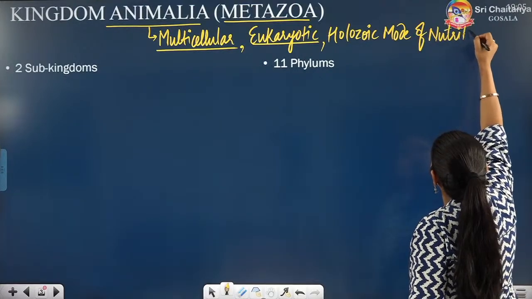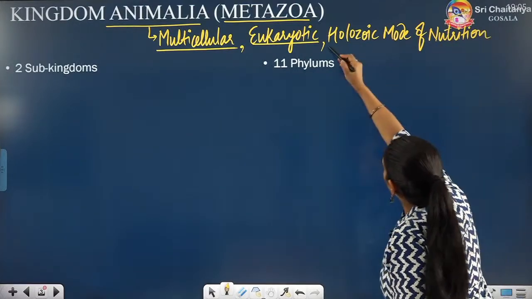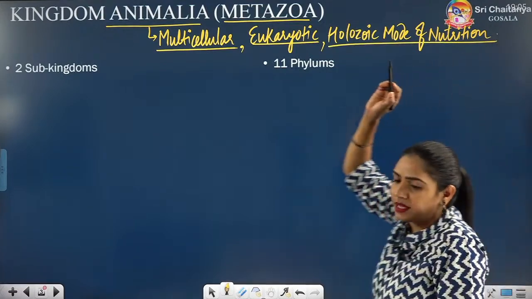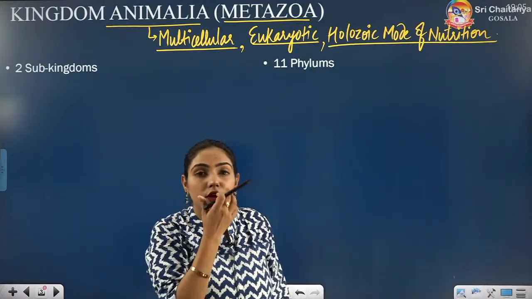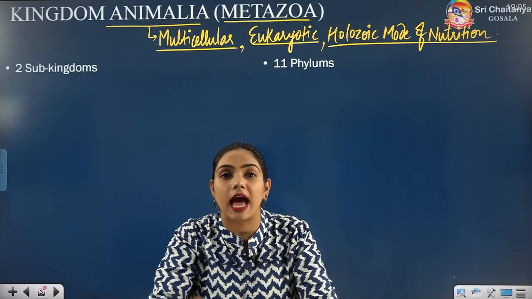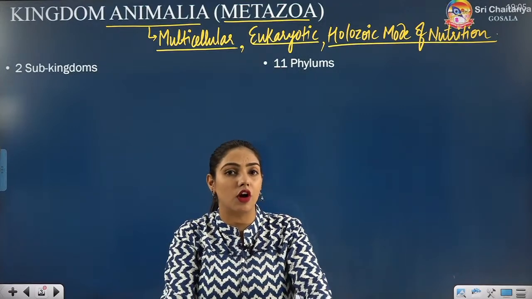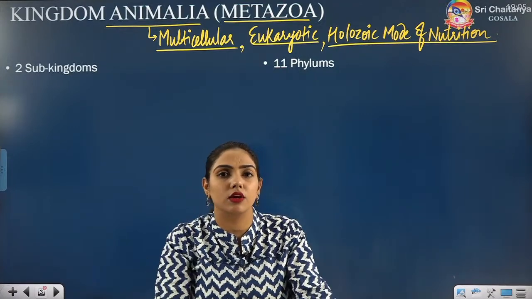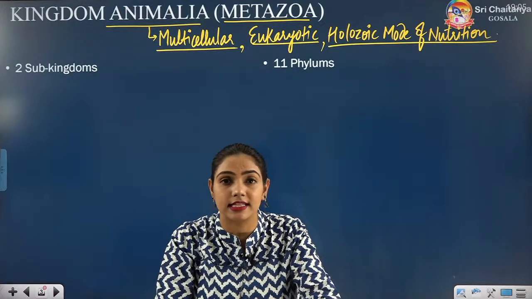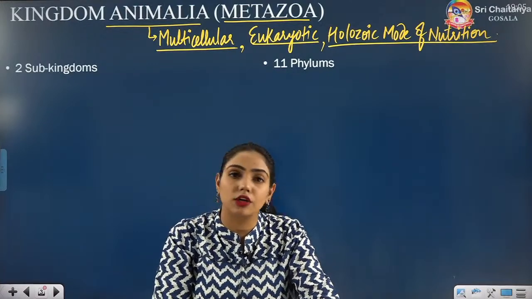Holozoic mode of nutrition means what? Do you know? If you know, please tell me in the comments. Holozoic mode of nutrition is actually a type of heterotrophic nutrition only. Heterotrophic nutrition means animals are not preparing their own food. Plants prepare their own food by the process of photosynthesis, but animals are not going to do that.